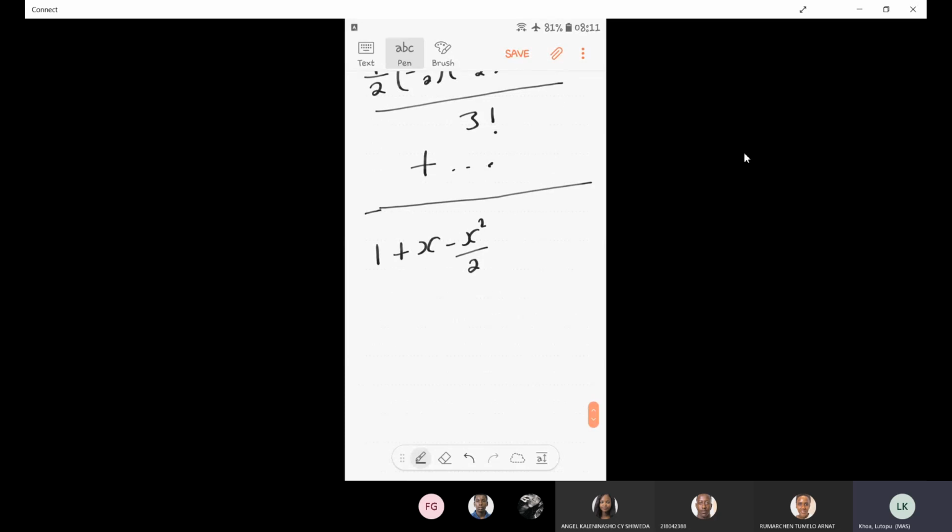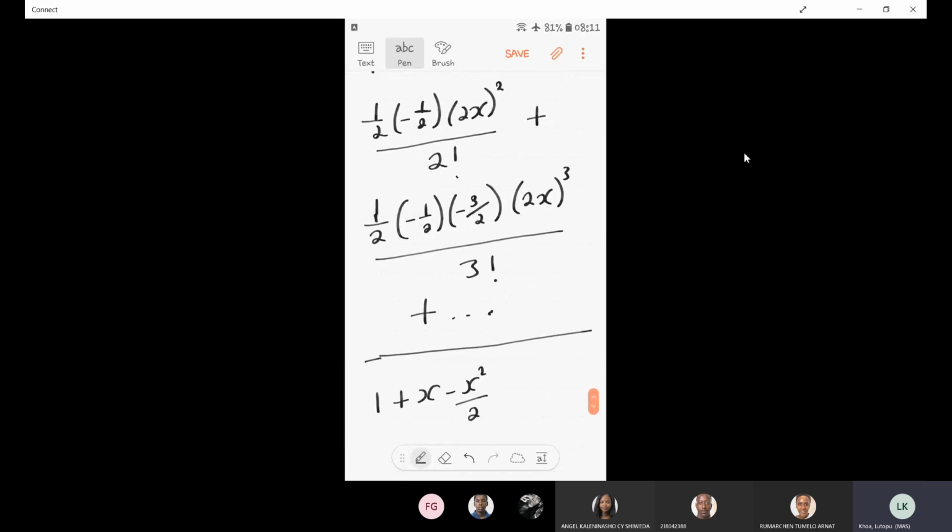And then the last term, see half, half, half with a 3. There's 3 halves, and then there is 2 to the power of 3. All those halves will cancel with this 2 to the power of 3. And then this 3 over here will cancel with that 3 over there.